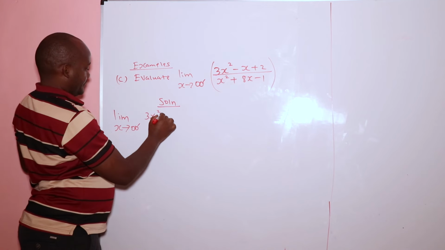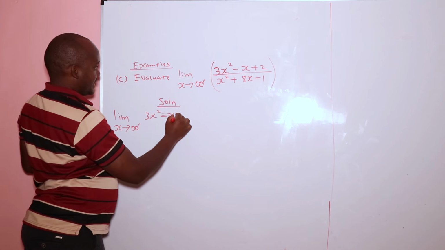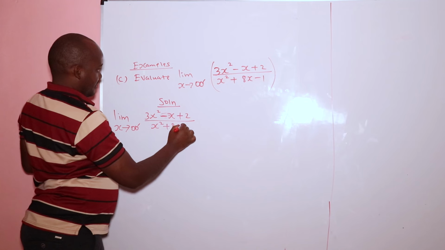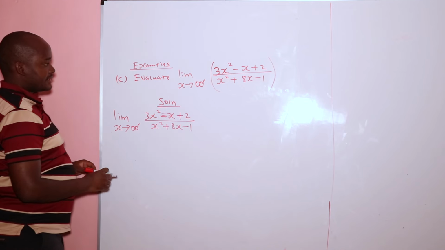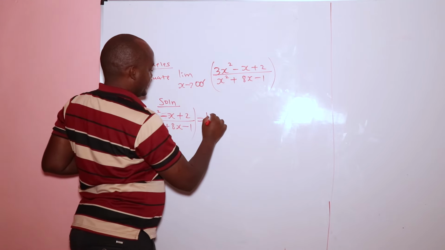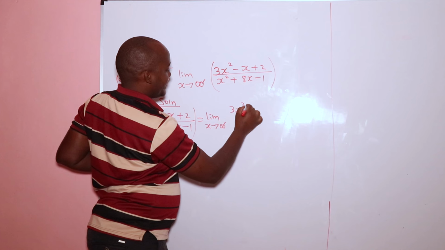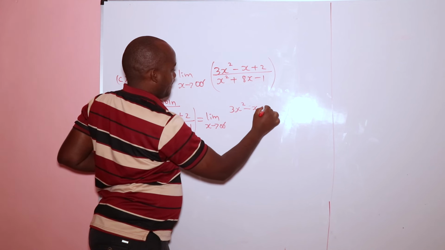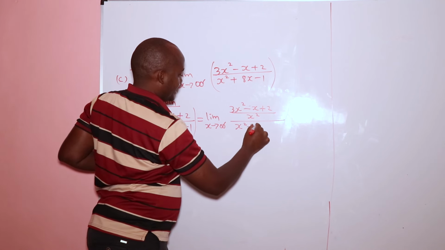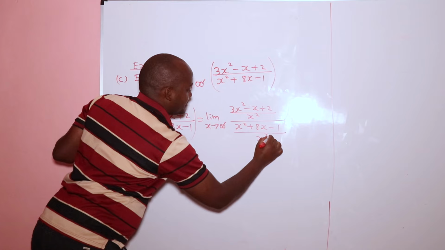This would imply that 3x squared minus x plus 2 over x squared plus 8x minus 1, that is the limit as x approaches infinity, will be equal to the limit as x approaches infinity of, we divide the numerator by x squared, and also the denominator we divide by x squared.